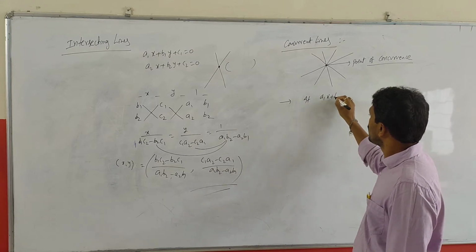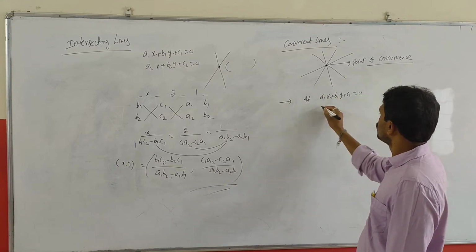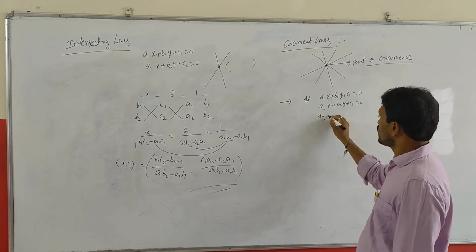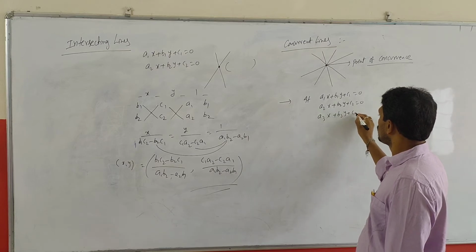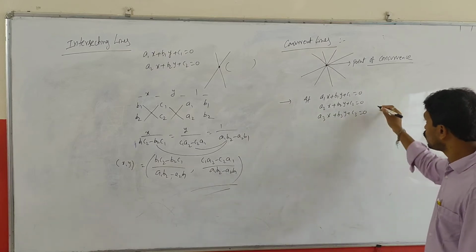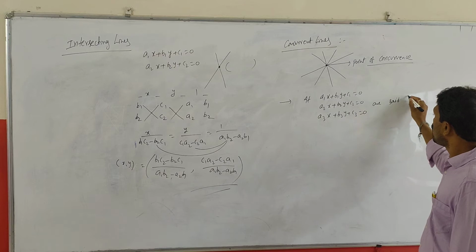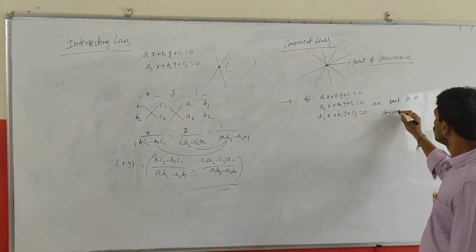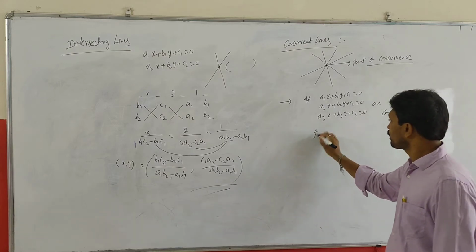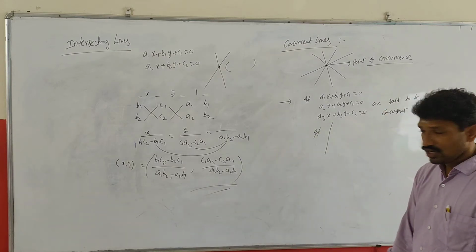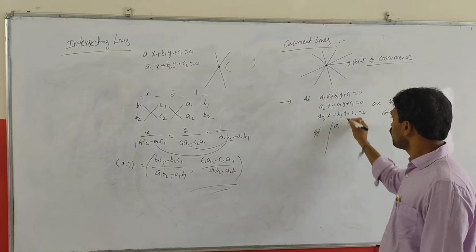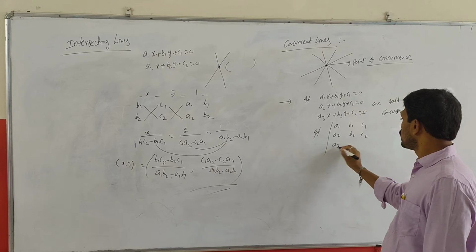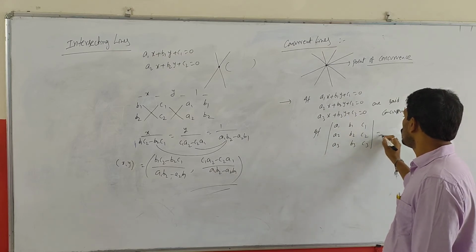See here, if you have three lines a1x plus b1y plus c1 is equal to 0, a2x plus b2y plus c2 is equal to 0, a3x plus b3y plus c3 is equal to 0, they are said to be concurrent if the determinant of a1, b1, c1, a2, b2, c2, a3, b3, c3 is equal to 0.